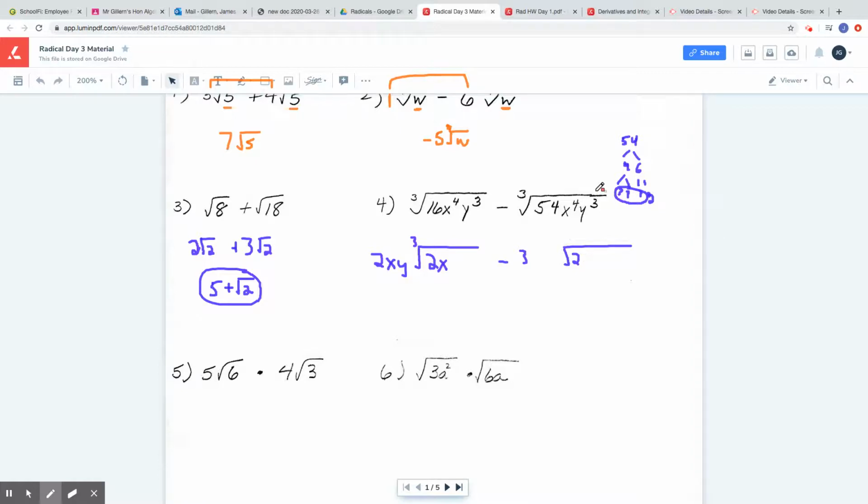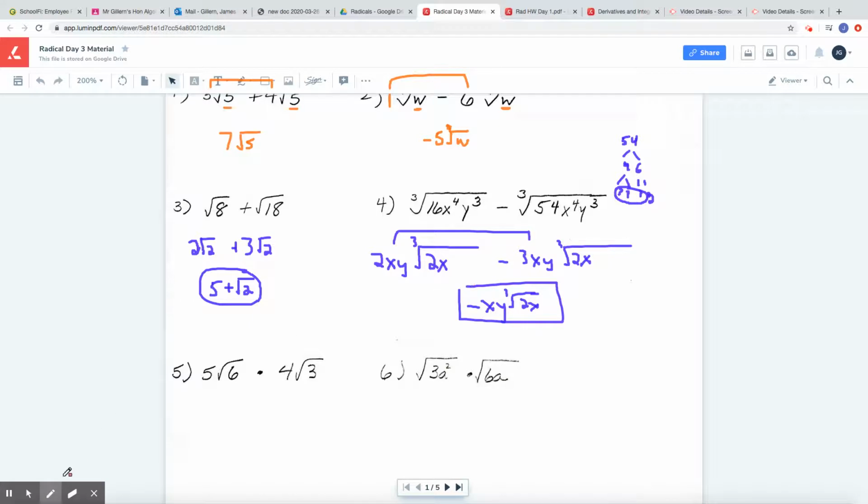Now 3 goes into 4 one time with a remainder of 1, and 3 goes into 3 evenly. So we have 3xy cube root 2x. Now we just have to subtract them. 2xy minus 3xy is negative xy cube root of 2x. And there is your answer.